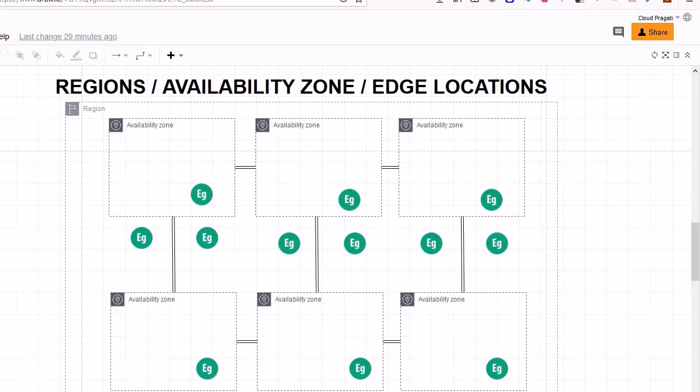Now there is another term that is called edge locations. Edge locations can be seen as servers kept geographically closer to users. These servers can act as a cache storage that enable faster transaction of frequently accessed data. Transfer acceleration technique is used to provide faster data transaction of new data. So you must be asking what is the benefit of all these setups?